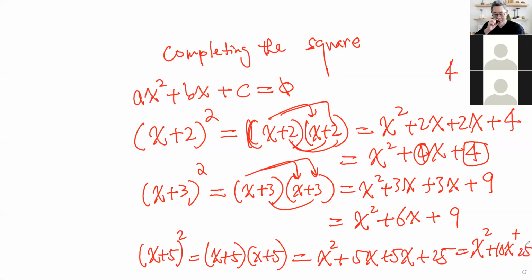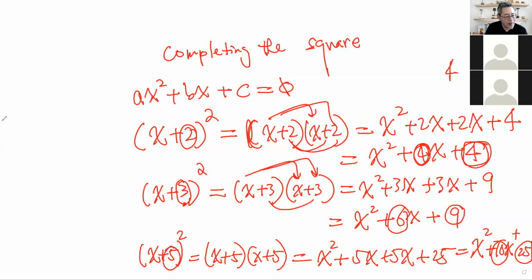Now you can see that this number happens to be twice this number, and this number is the square of this number. Same thing here, 10x is twice 5, and 25 is 5 squared. And here 4 is twice this number, and this is this number squared.